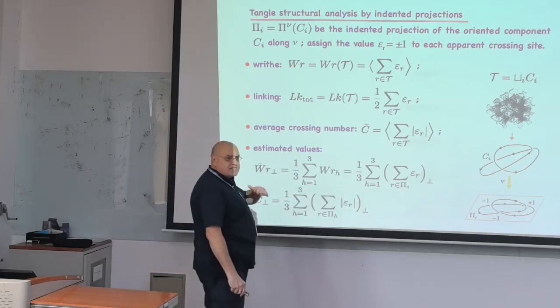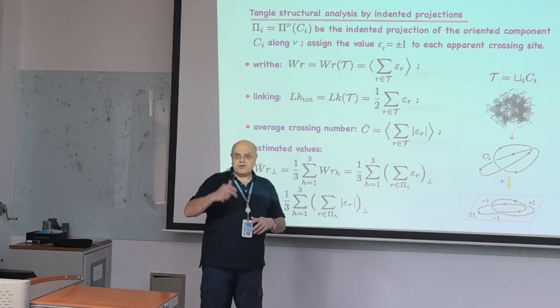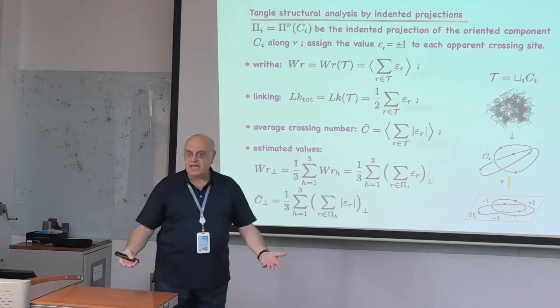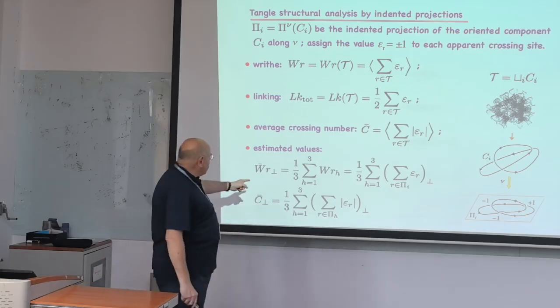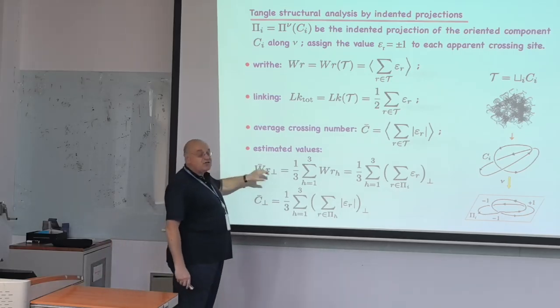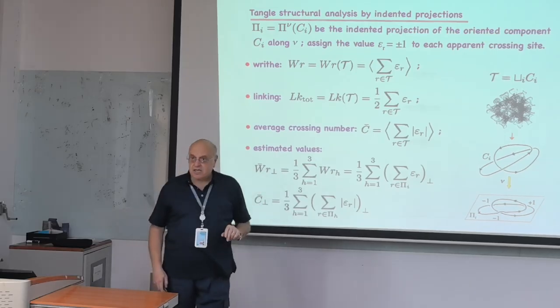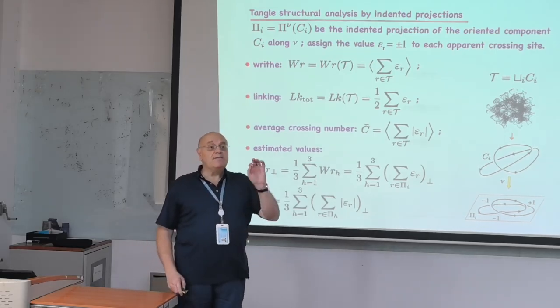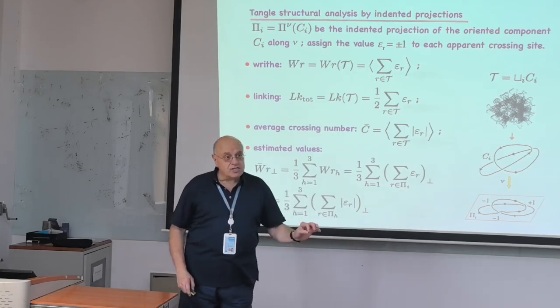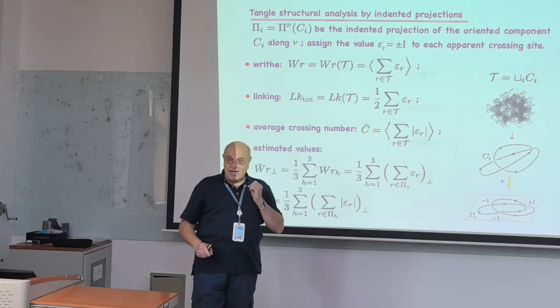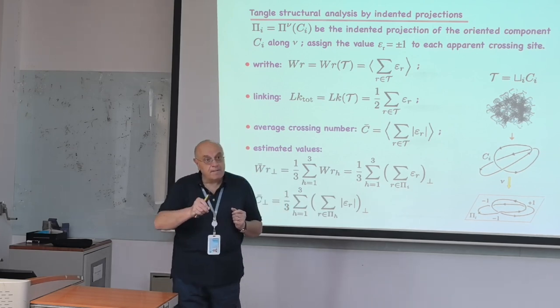So what about something simple? We take 3 projections, X, Y, and Z, we average the information, and we have a mean information for the exact writhe, and the mean information for the exact average crossing number. Remember, writhe, average crossing number, linking number, all these quantities were defined in terms of integrals.